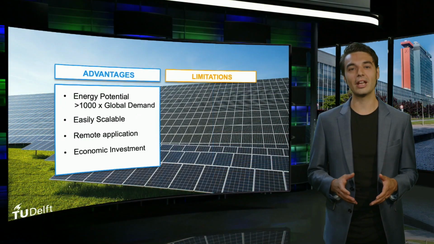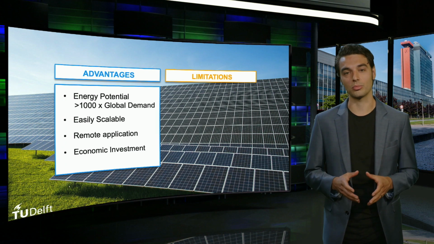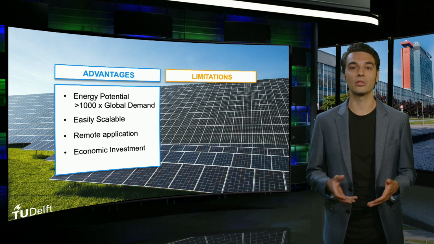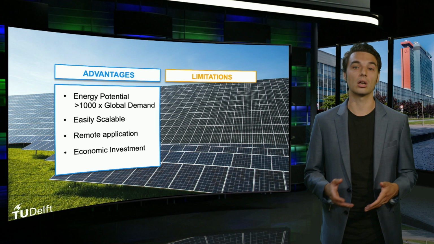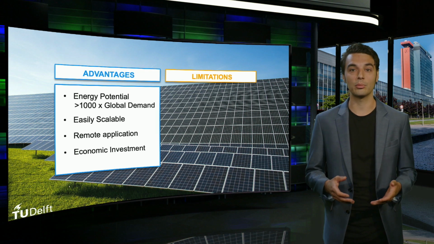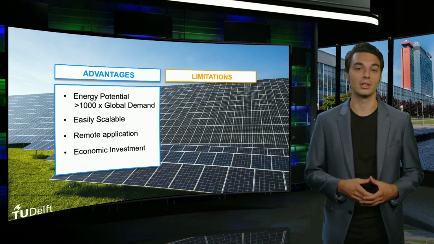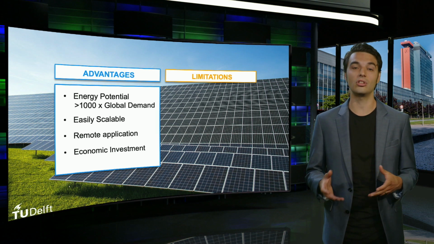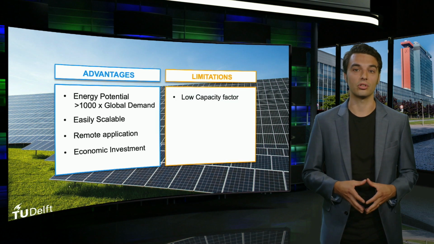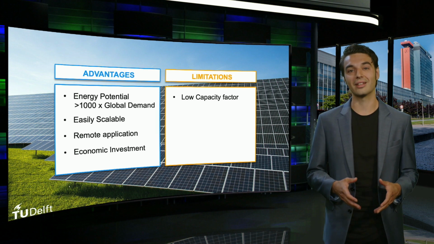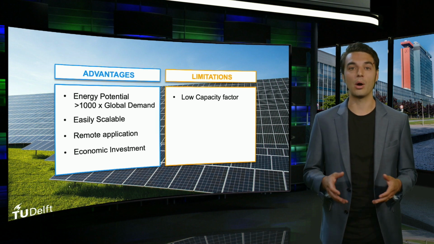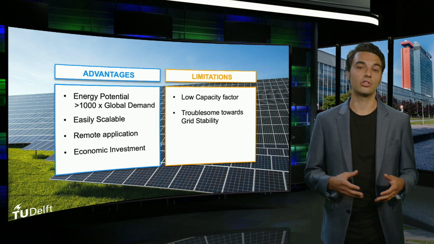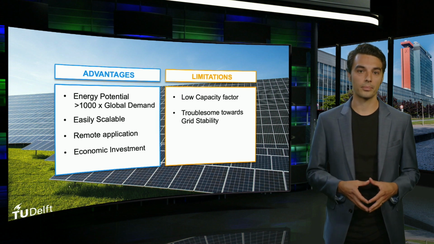Moreover, PV these days is generally a sound economical investment, with system payback times in the range of 3 to 7 years depending on location, and system lifetimes of over 25 to 35 years. The limitations of PV are related to the day-night and seasonal fluctuations of solar radiation, which results in a relatively low capacity factor and power generation intermittency that is challenging for grid stability.